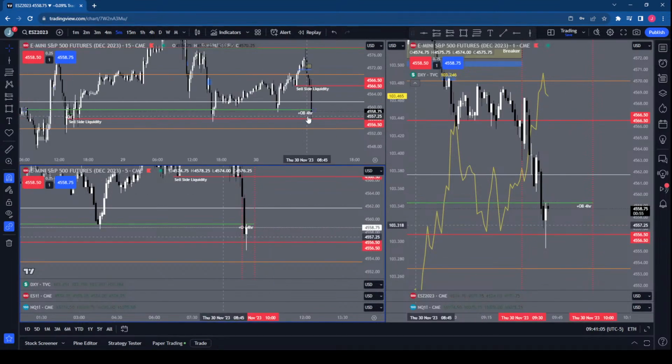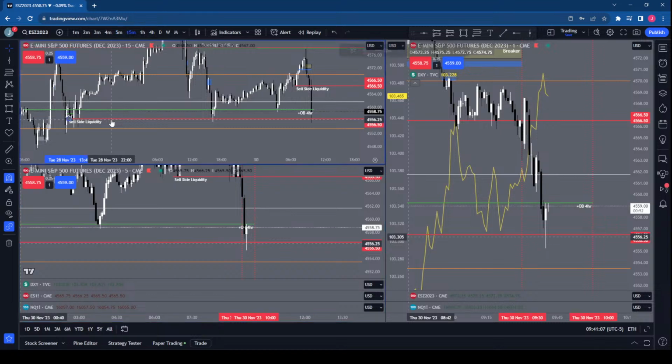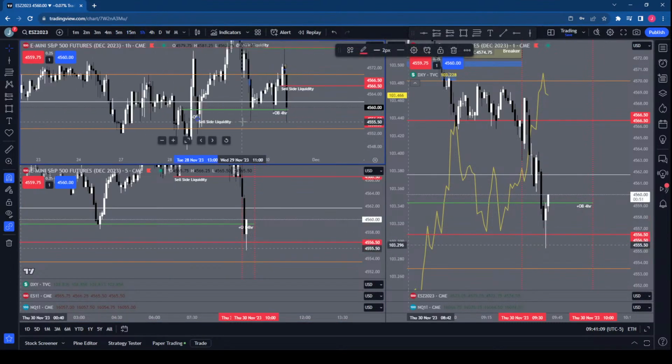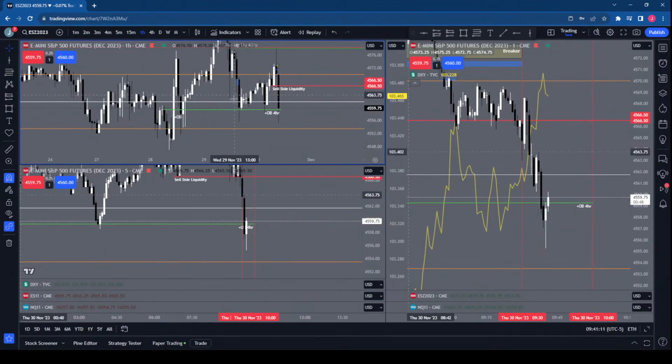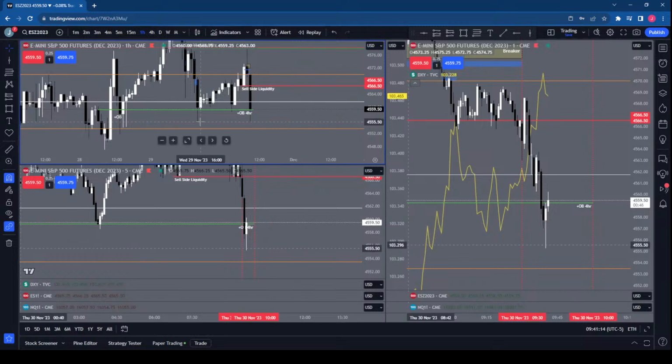Okay. Why do I have this sell side here? So we just took this hourly low.